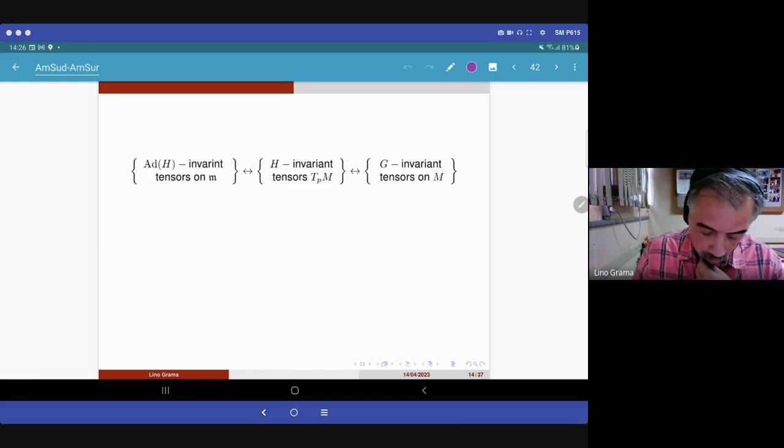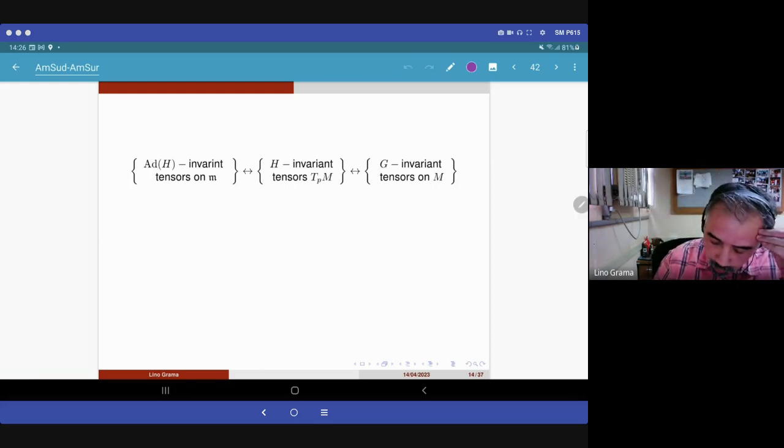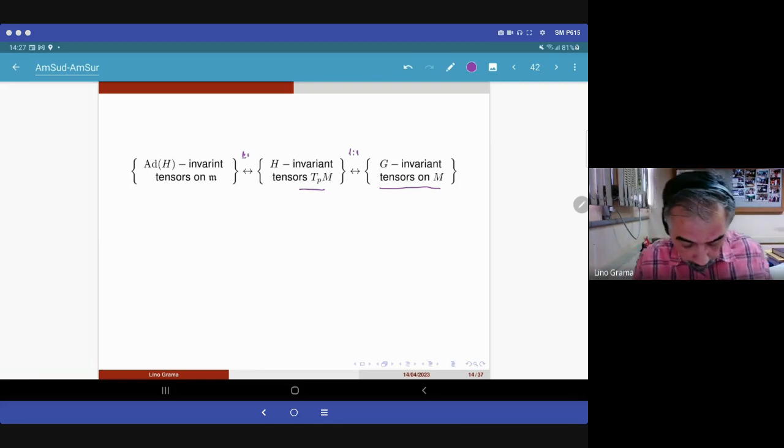And in homogeneous spaces, or in this theory, we consider the G-invariant tensors on the manifold. Okay, these are Riemannian metrics, almost complex structures, all tensors. G-invariant tensors are in one-to-one correspondence with H-invariant tensors here, or also a one-to-one correspondence with the Ad(H)-invariant tensors on this subspace.